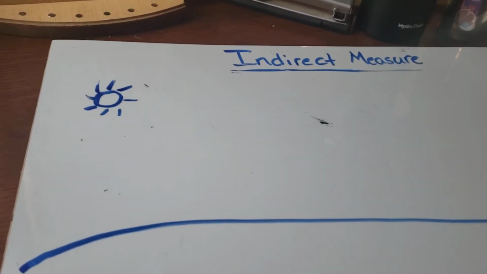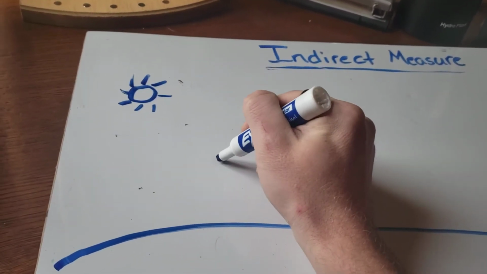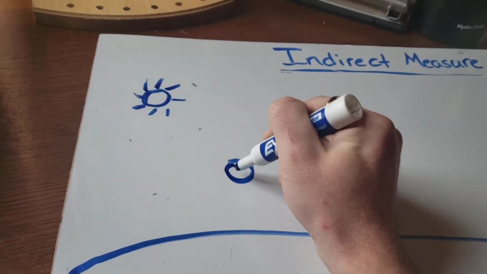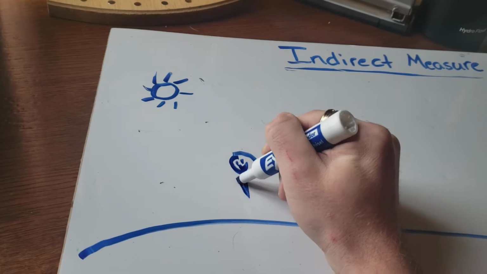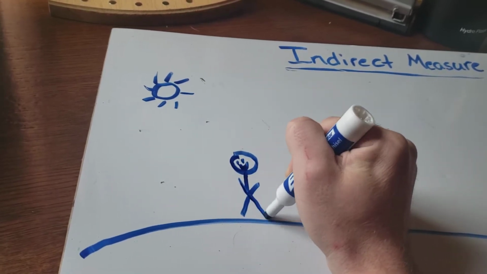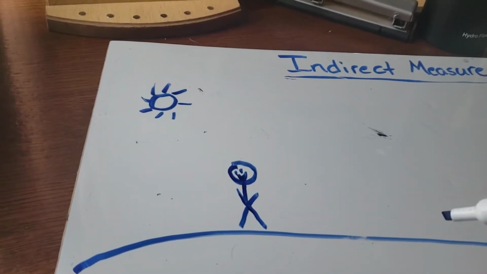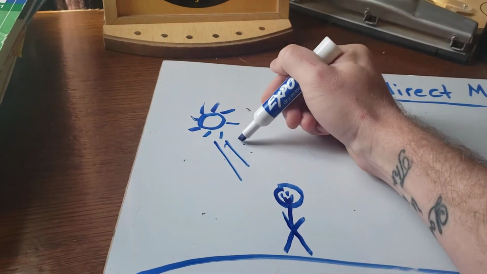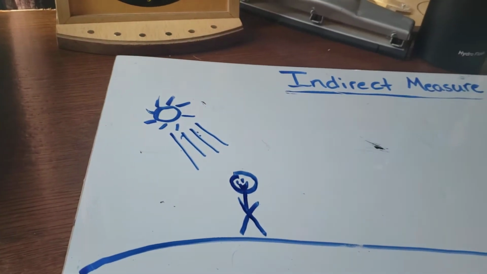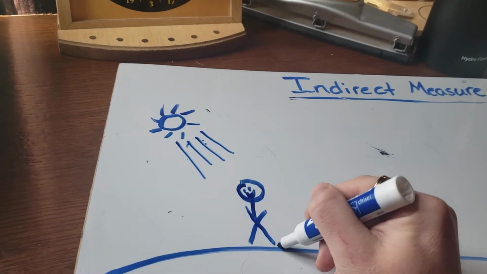All right, so let's say you go outside on a sunny day. Here's you standing outside on a sunny day. When the sun's rays are hitting you, this causes you to have a shadow.